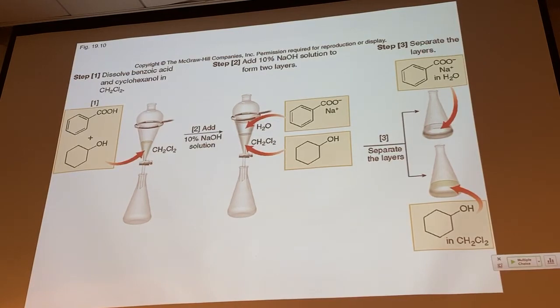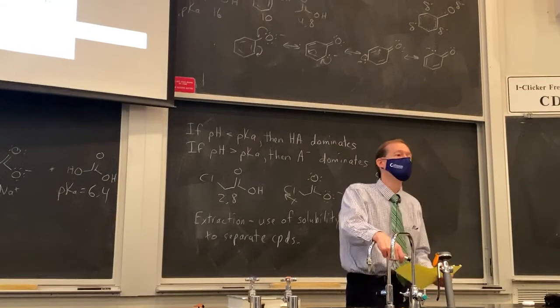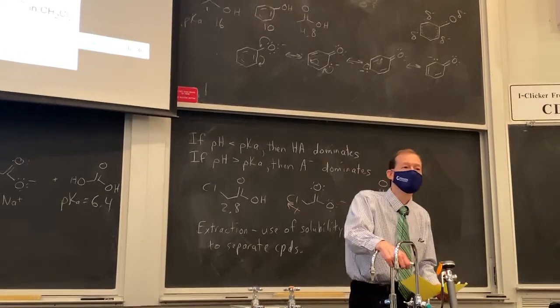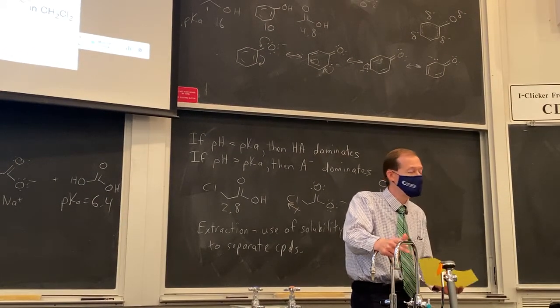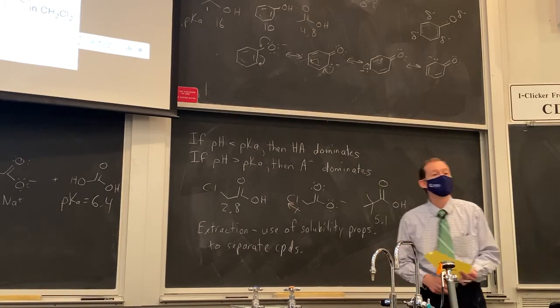If we wanted the carboxylic acid instead of the carboxylate, we would just add some acid to this solution to turn it back into the carboxylic acid. Okay. Any questions on how you would use acid-base properties to separate a carboxylic acid from another organic compound? Okay. This is very useful. It's frequently done in research labs.